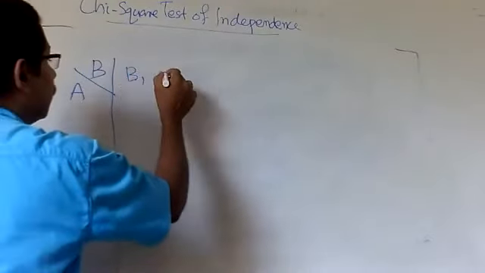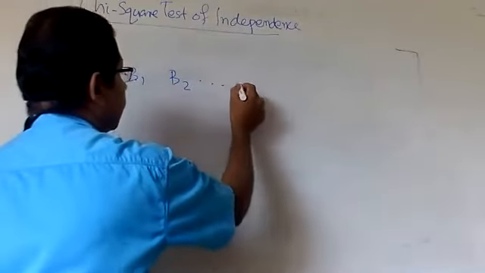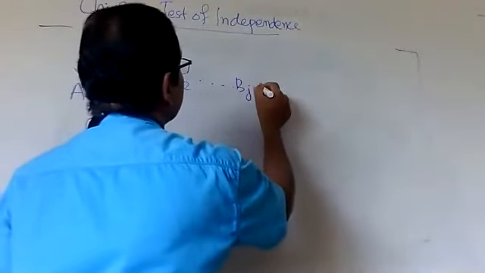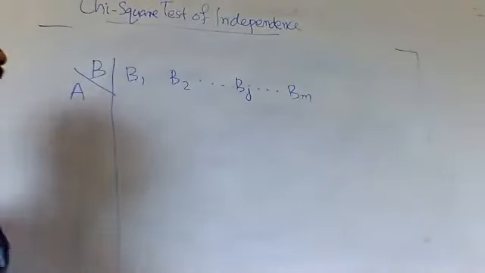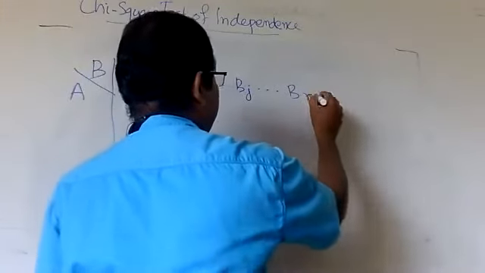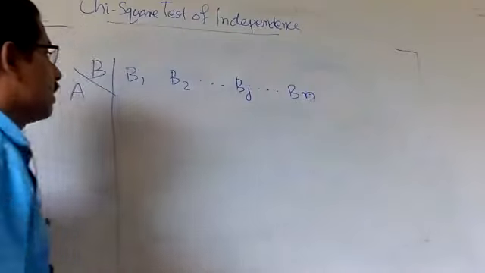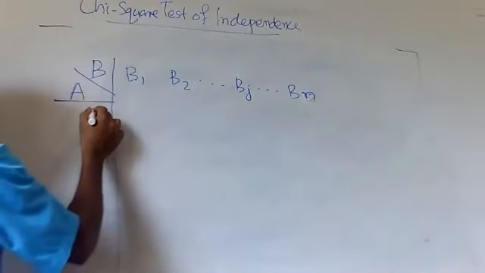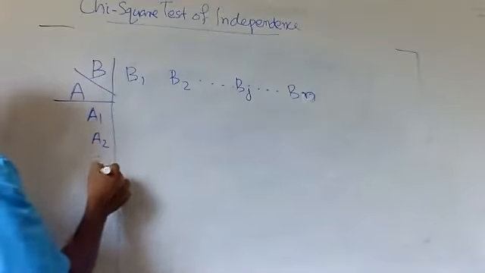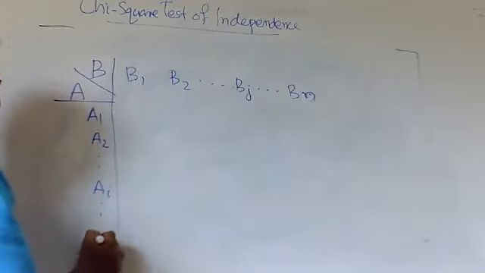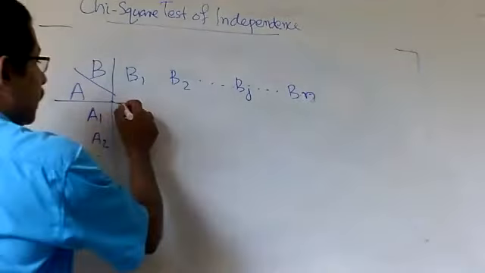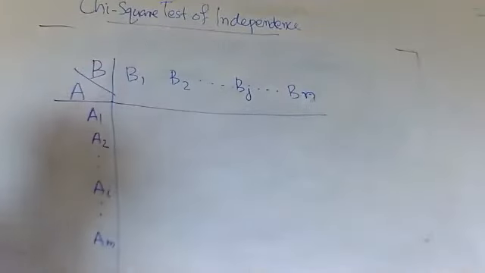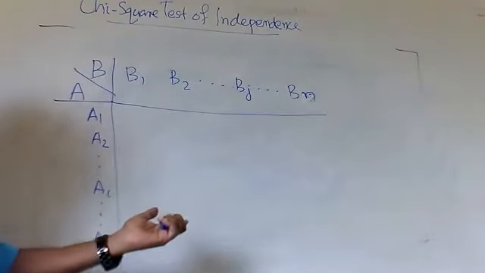So we have B1, B2, etc., some Bj, etc., Bn, n categories for B. And similarly for attribute A, the categories are A1, A2, etc., some Ai, etc., Am. These are the categories for the attributes A and B. Now look at the cells. Here we have m into n cells.